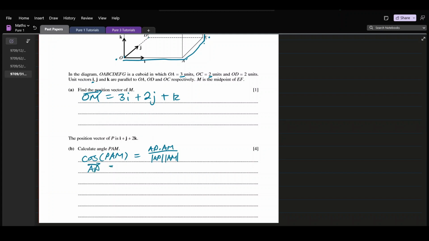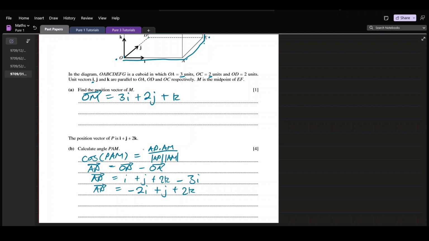So AP is equal to OP minus OA. We know that OP is i plus j plus 2k, and then OA is equal to 3i. So if we simplify this, we get that AP is equal to minus 2i plus j plus 2k.